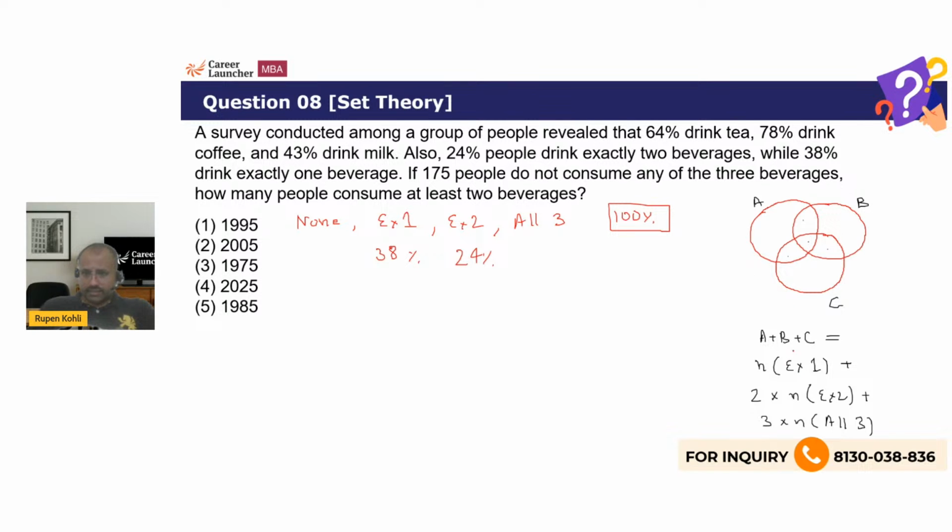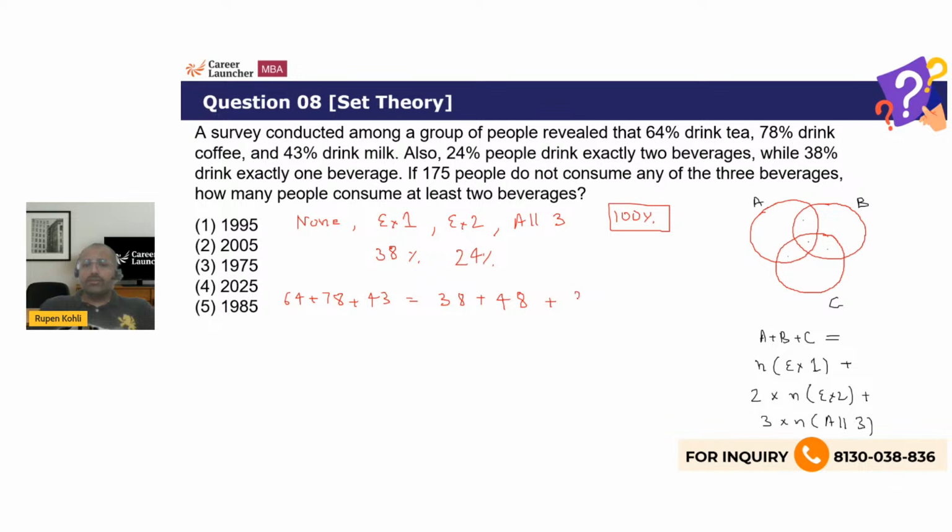Then comes this relationship. So 64 plus 78 plus 43 is going to be equal to your exactly one, which is 38, plus twice of exactly two, 2 into 24%, plus thrice of all three. Everything is in percentage terms here. I'm not writing the percentage symbol, but everything is percentage.